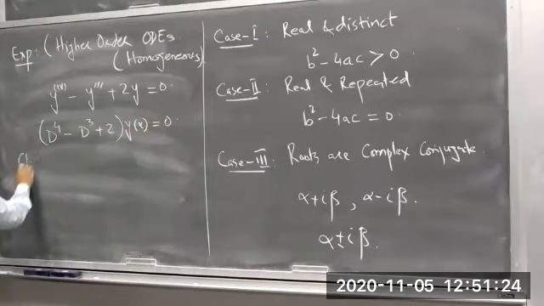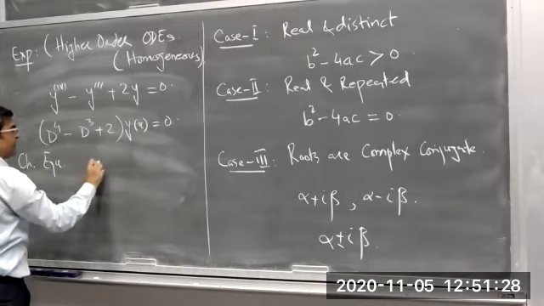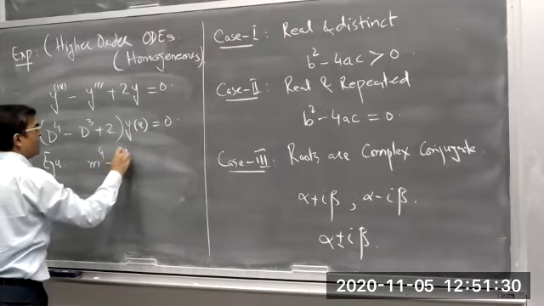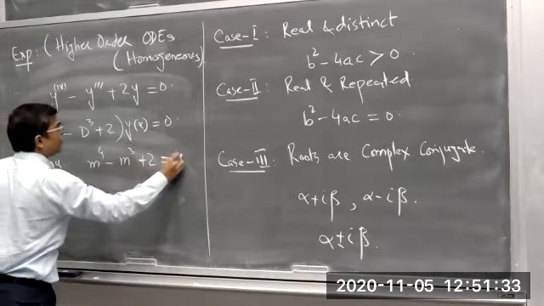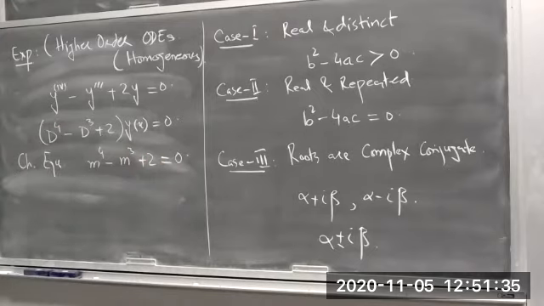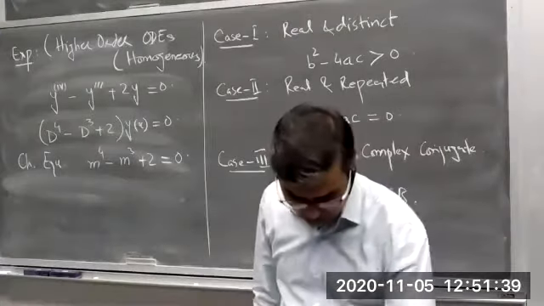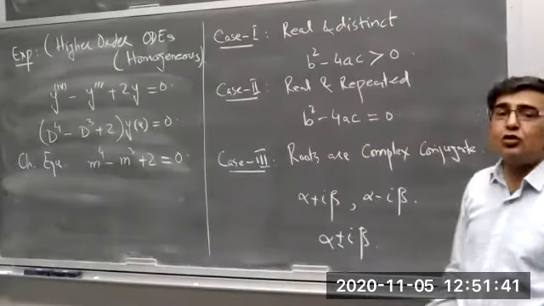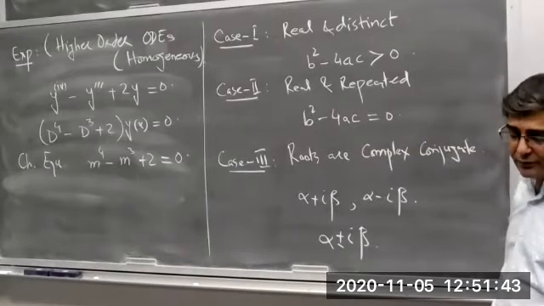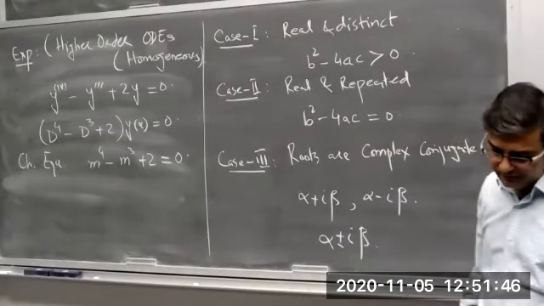Now, we can write the characteristic equation easily, which is m4 minus m cube plus 2 equal to 0. This is your characteristic polynomial equation, and we need to find the roots of this fourth degree polynomial equation.